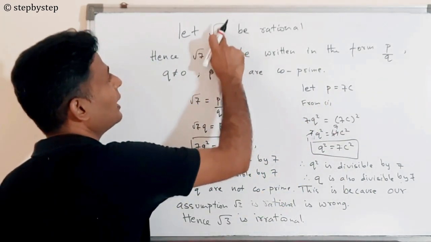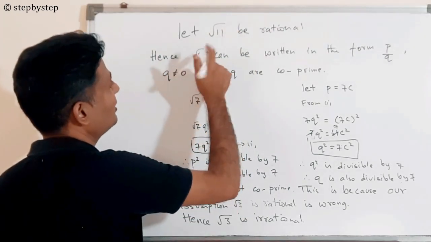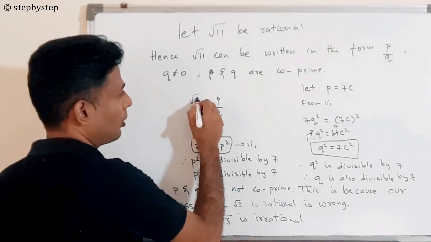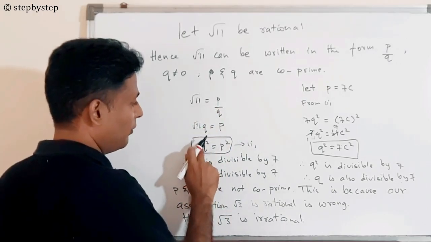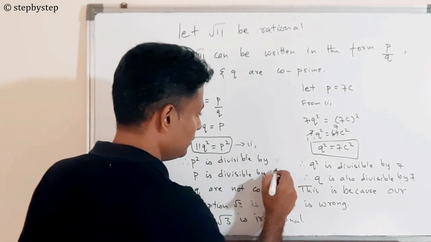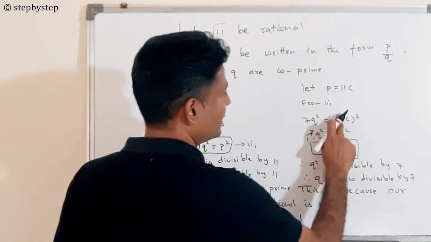If I had asked you to prove root 11 is irrational, let root 11 be rational, hence root 11 can be written in the form p by q. Hence root 11 equal to p by q. Everywhere where there was 7, now I am just putting 11. Here p equal to 7c becomes p equal to 11c.